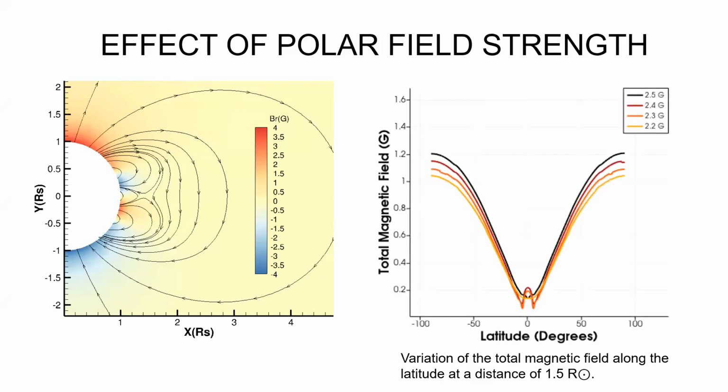And this is the initial configuration. On the right side, I have plotted B along the latitude at 1.5 solar radii. Because this is a low beta plasma regime, the dynamics is highly dependent on the magnetic field.